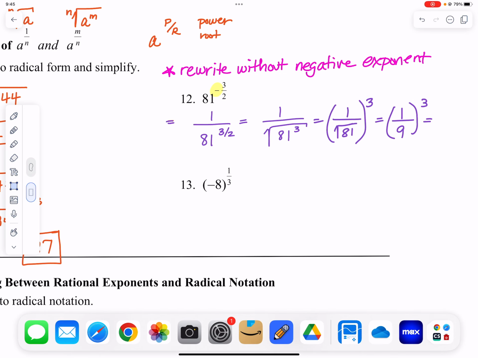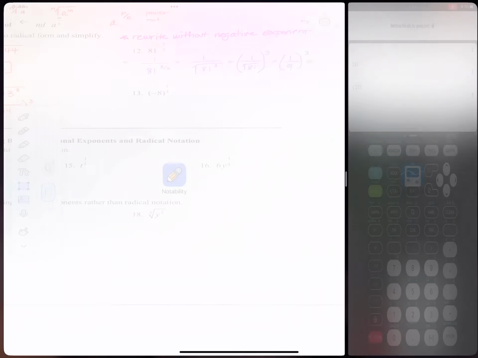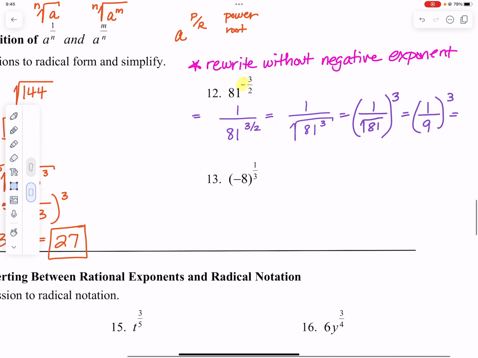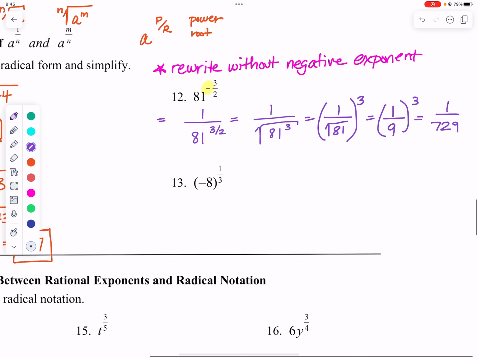And you can check that in your calculator. And so how you would do that is you would say 9 and then use the caret and then the 3. Okay? So that is 1 over 729.